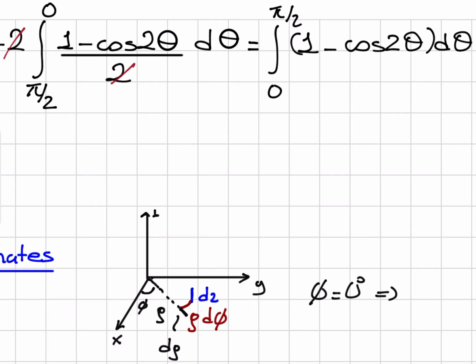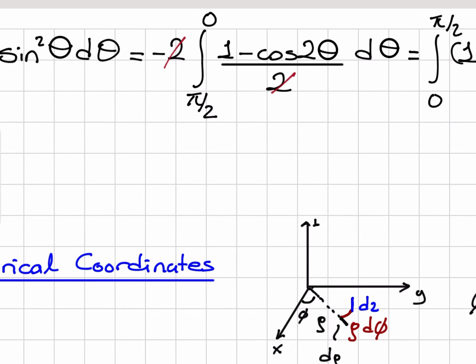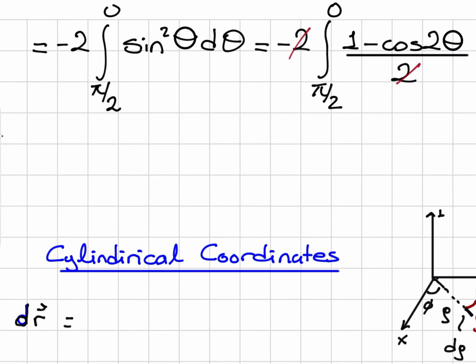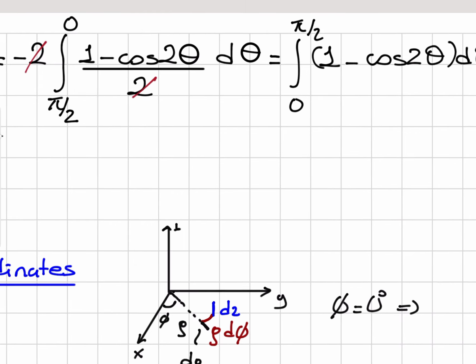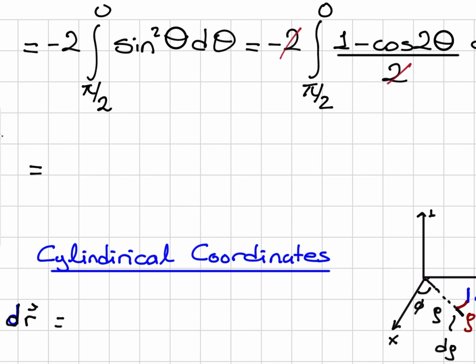So I will obtain the integral of d theta, which is theta, and the integral of cosine 2 theta, which is 1 over 2 sine 2 theta.